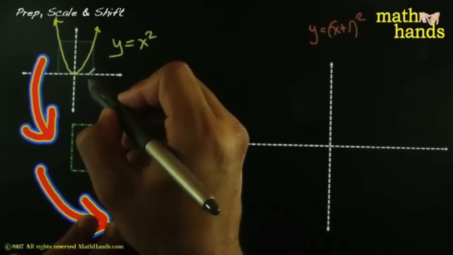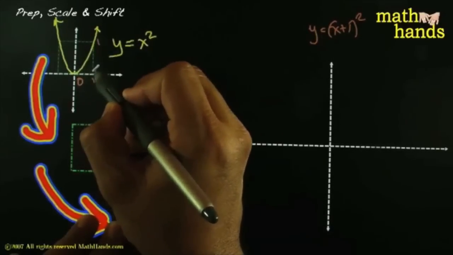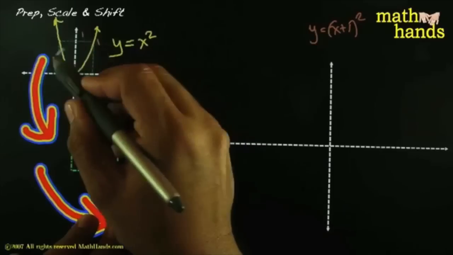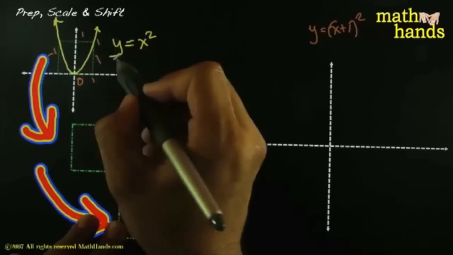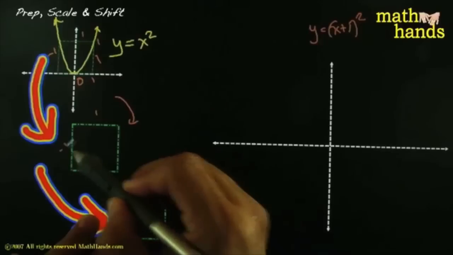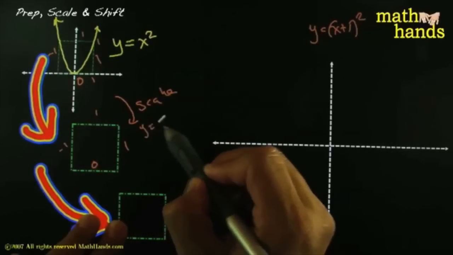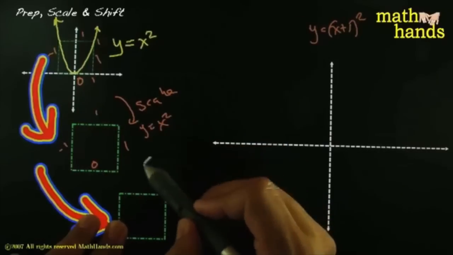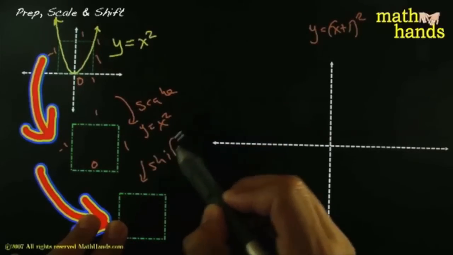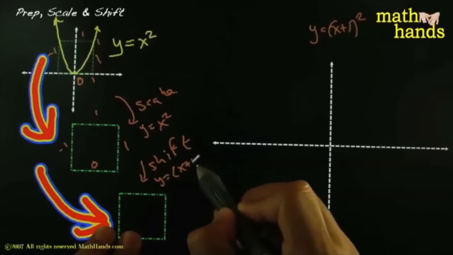So if this is the boundary box, if this is 0, at 1 it's 1, so this is 1, negative 1, 1. So then for the scaling there's no scale, so it's still 1, 0, negative 1, 1. That's the scale, and this is still y is equal to x squared. And of course the shift here would be y is equal to x plus 1 squared.